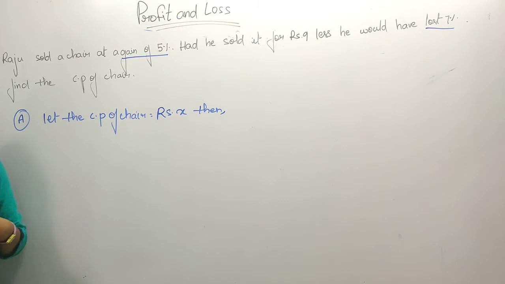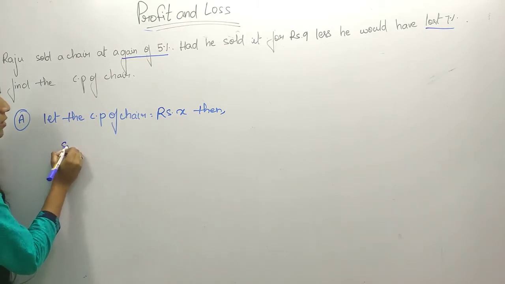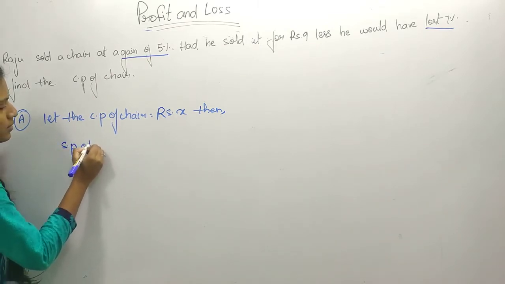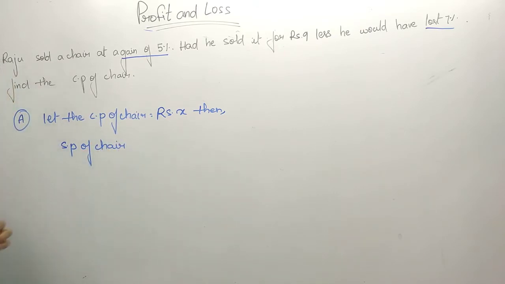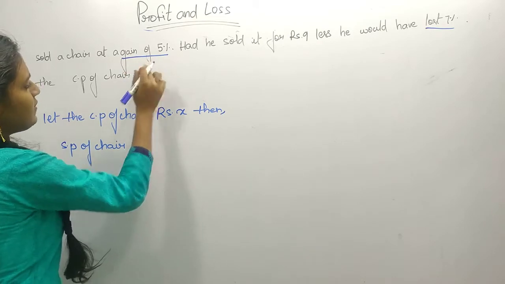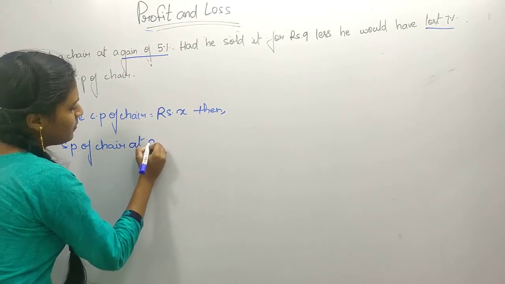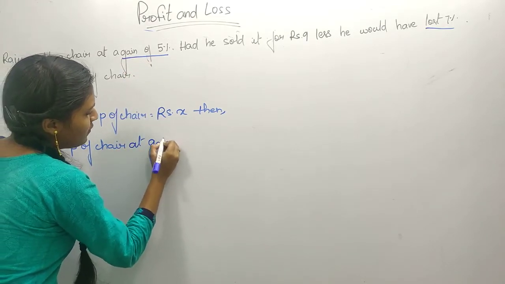Then what will we do? Selling price is given. Selling price of the chair at a gain of how much is given in the question? At a gain of 5%.